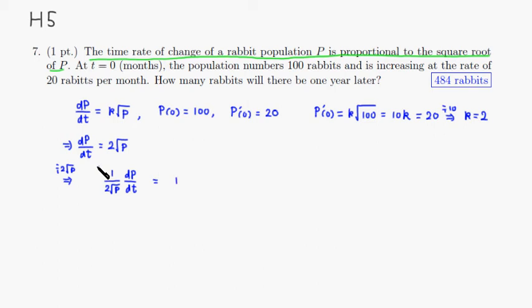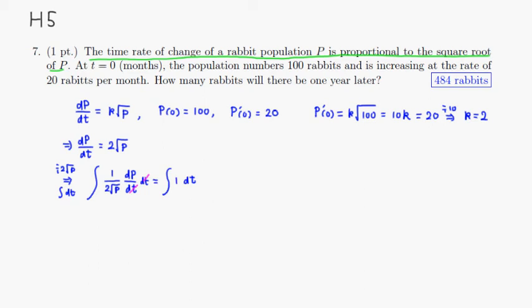Then we can take the antiderivative with respect to t, and you see that dt and dt cancel out.